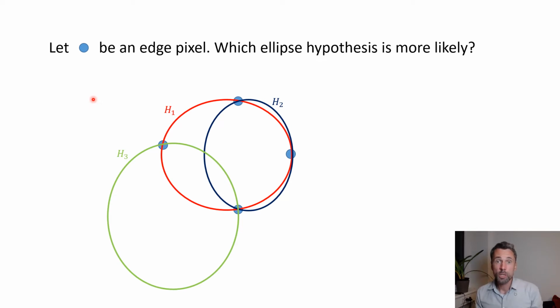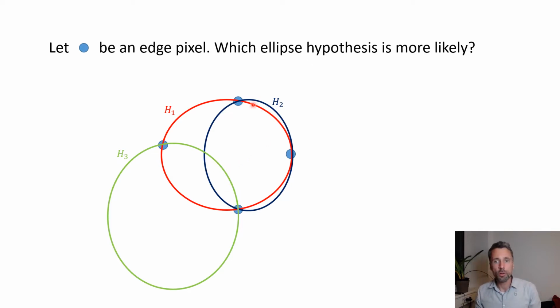Okay, so the intuition behind Hough is that multiple hypotheses that exist can be supported and voted for by the edge pixels. So that these blue circles here are edge pixels, and now think of different hypotheses of circles or ellipses that would produce these edge pixels, right?